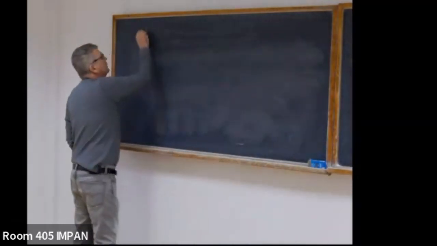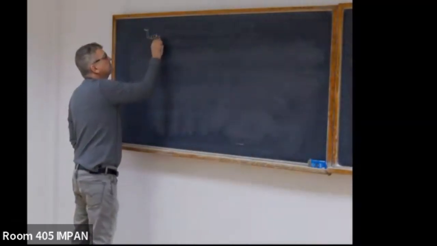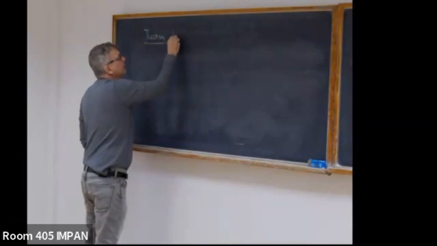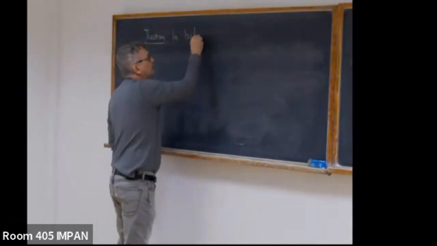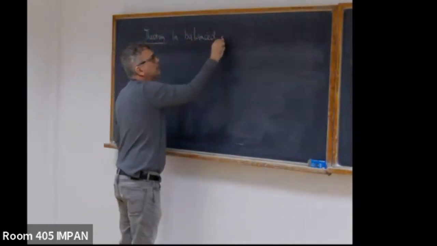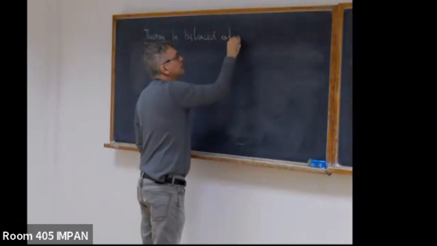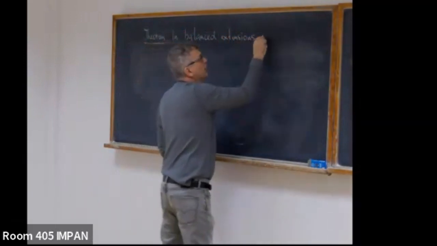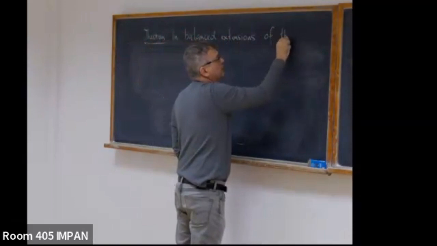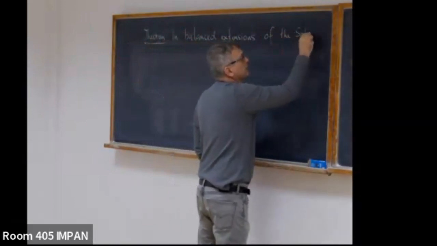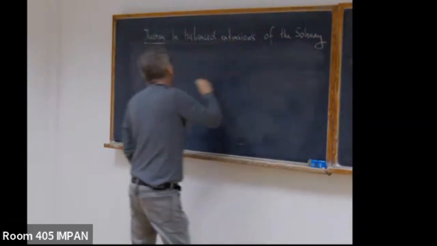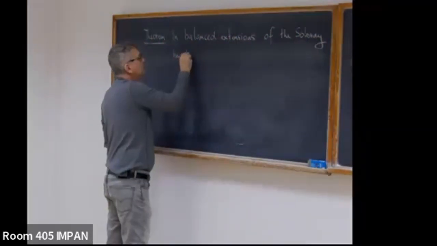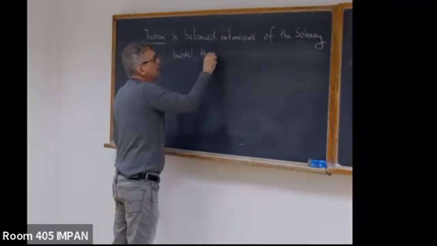So in balanced extensions, of the solving example, there is no mad family.